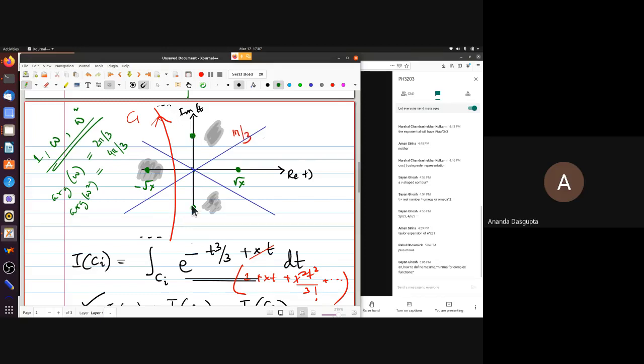Of course, these 4 points are not there at the same time. For positive x, you have these. For negative x, you have these. So maybe I should actually use different colors for these. For negative x, your special points occur on the imaginary axis.